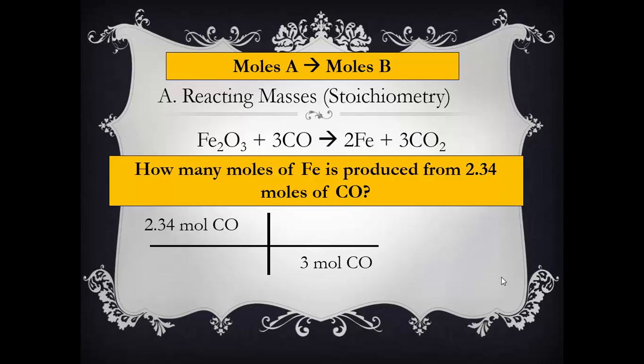And then in the balanced equation, it's 3 moles of carbon monoxide to every 2 moles of iron. You can see that from your coefficients, 3 and 2. The moles cancel out, and you're left with moles of iron of 1.56. So pretty simple.